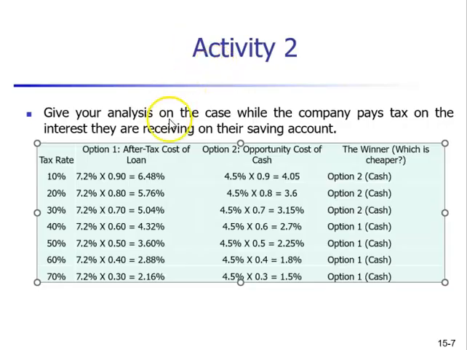Activity 2, where we are also paying tax on the interest. And remember, now we are comparing two options that we have. One option is getting a loan at 7.2%, but since it brings us a tax shield, we may think that's the better option, and it's better we keep our money in our savings account and get interest from that.